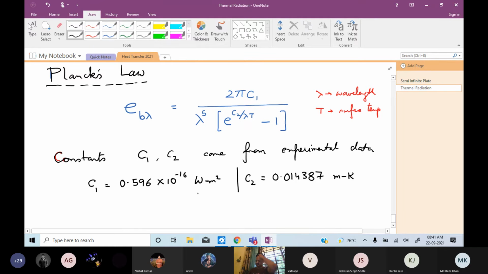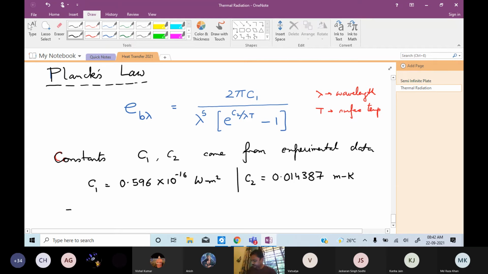That's why in the definitions I wrote it incorrectly. So in the numerator you have watt meter squared, in the denominator lambda to the power 5. So finally, EB lambda has meter cubed, or length cubed, in the denominator. So dimensionally it is correct.